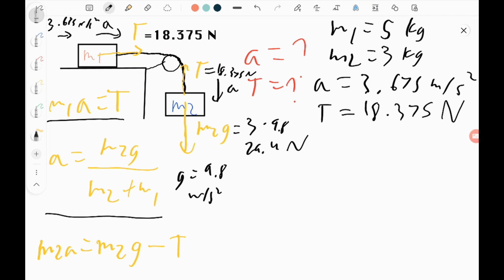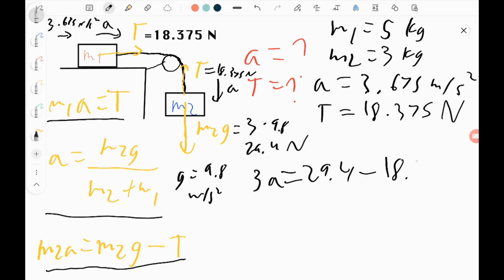So let's verify that this equation is correct. M2A is equal to M2G minus T. So M2 is equal to 3 times A, and that must be equal to, well, M2G is 3 times 9.8, which we said was 29.4, and that's subtracted by T, which is 18.375 newtons.